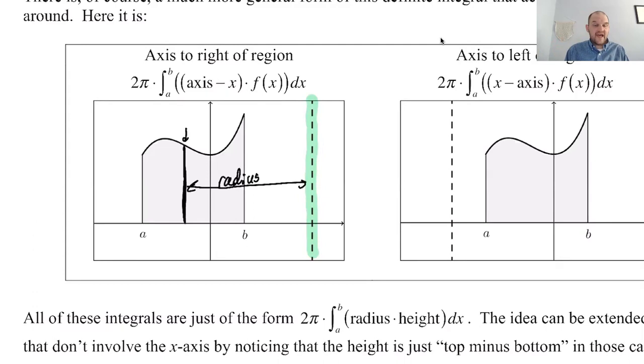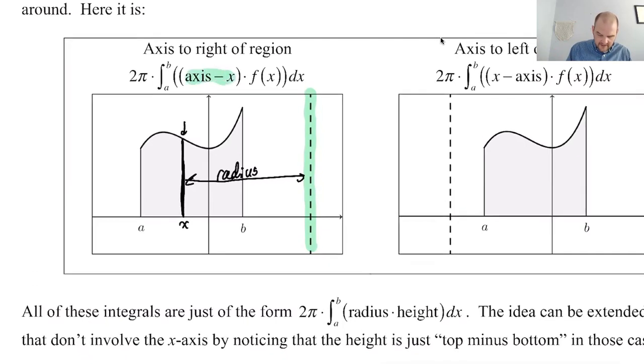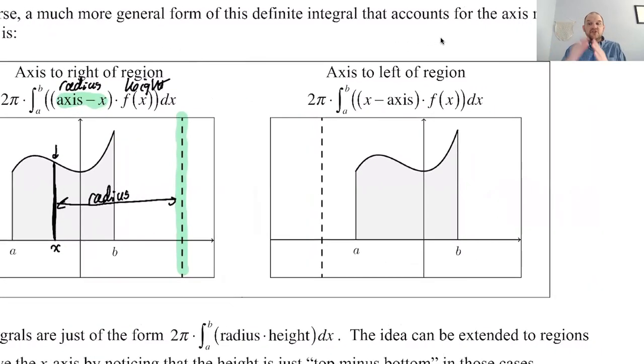The radius has to be the right-hand thing minus the left-hand thing. This is just some x value between a and b. It has to be the axis minus x. So when the axis is to the right, you're going to get 2 pi, the integral from a to b, axis minus x, that's just the radius, times f of x, which is just the height, and then dx. Okay, so that's if it's to the right.